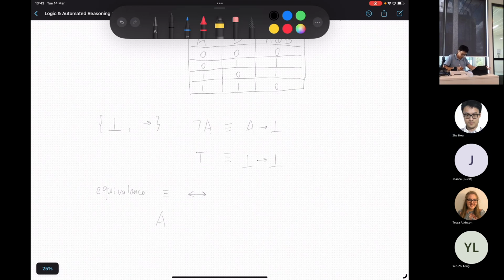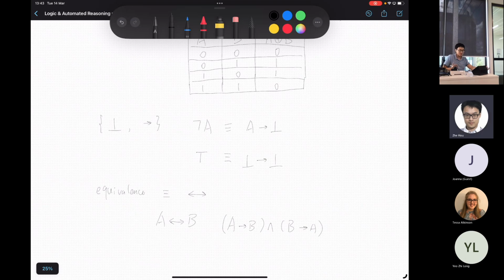Based on the second symbol, you can roughly guess how to derive it from the existing logical operators. What we pronounce as A is equal to B, what does it mean? Well, this one is defined as A implies B and B implies A. You see the implication goes both ways.